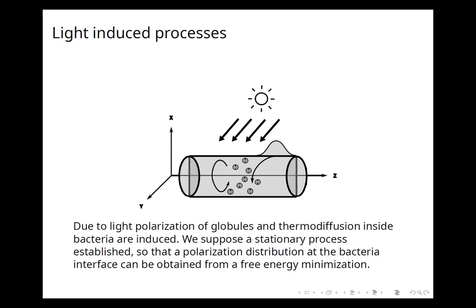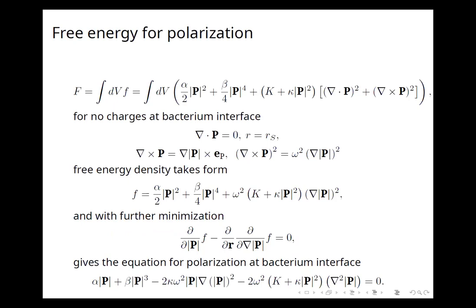So we try to describe this mechanism by, again, using free energy. We describe here only polarization now. So this is the typical free energy with existence of gradient of polarization.